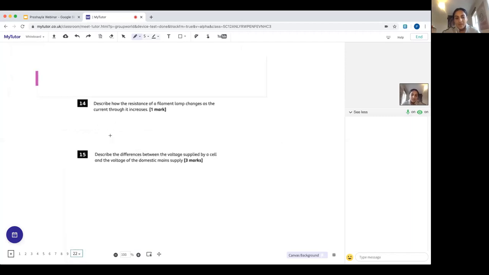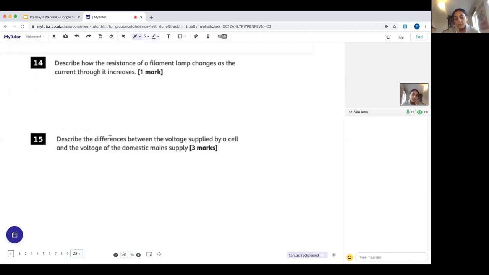Okay, so here they get a little bit more complicated. What happens to the resistance of a filament lamp as the current through it increases? So remember, this is kind of S shape here.